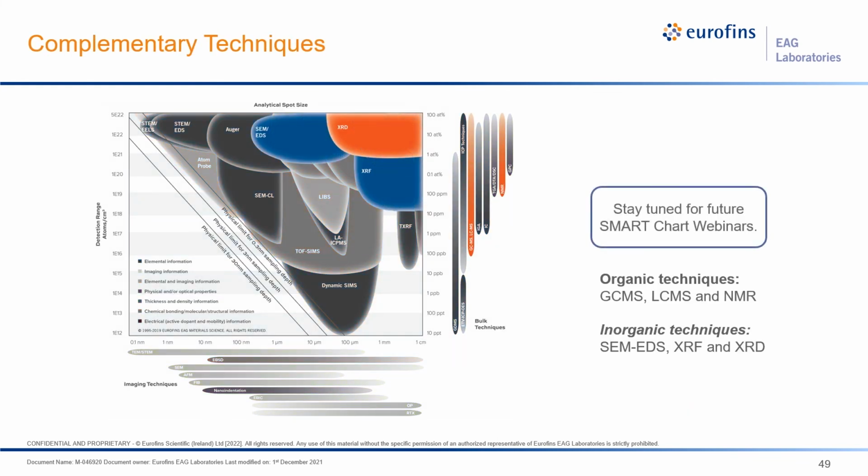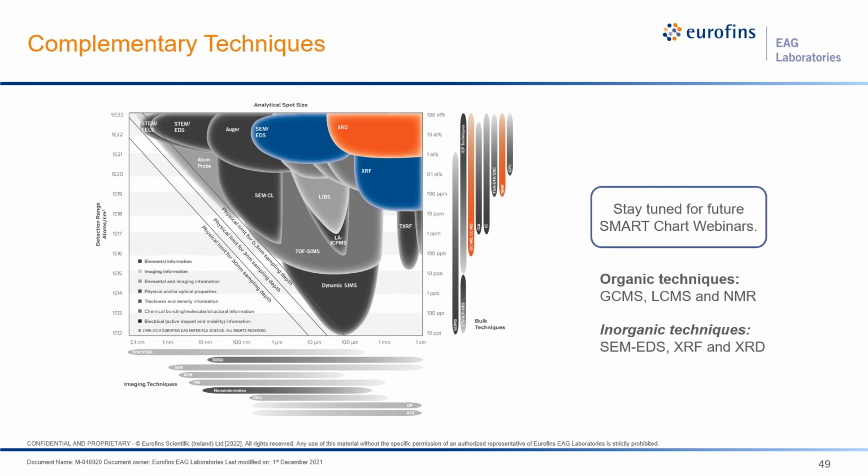So now just a few words about complementary techniques. Again, back to our smart chart. On the organic side, the complementary techniques to FTIR and Raman are chromatography such as GCMS and LCMS, as well as NMR.